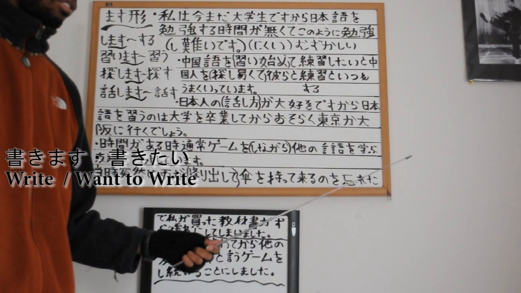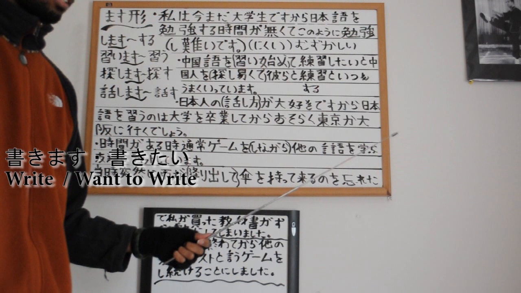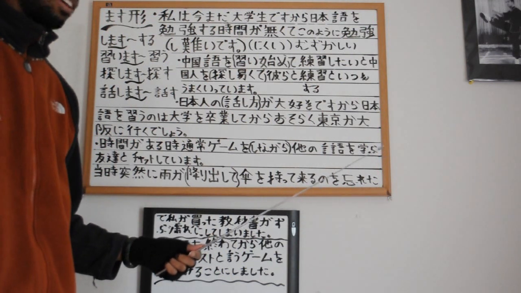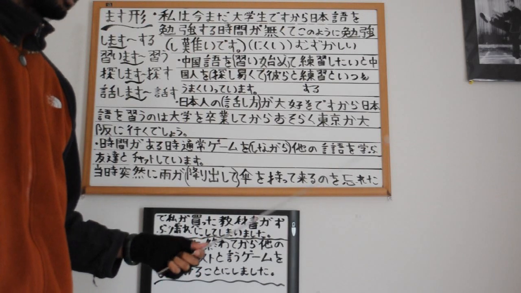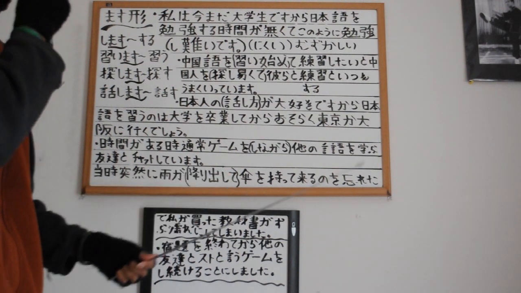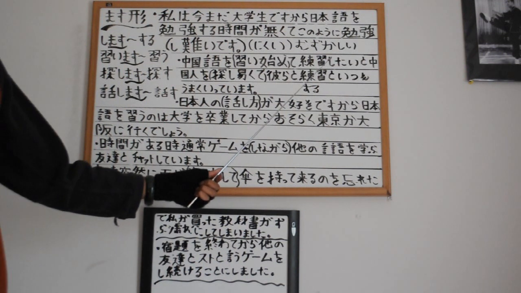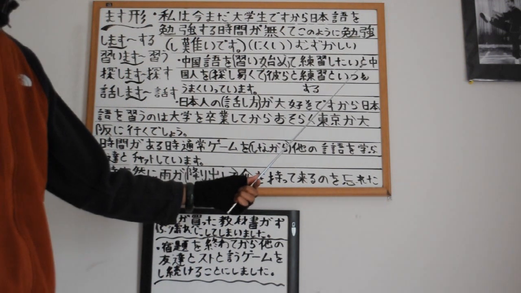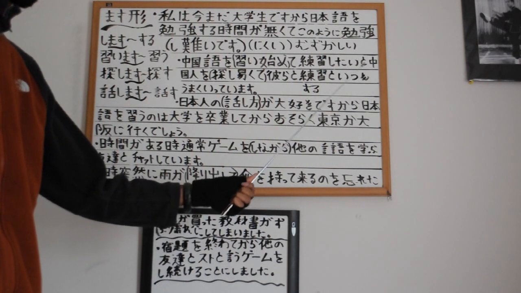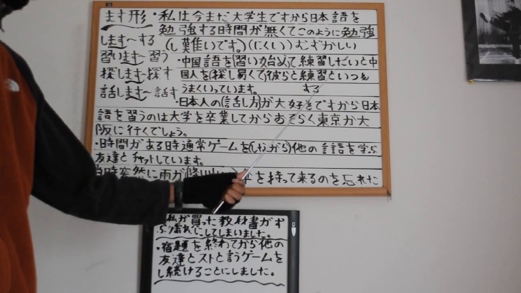What's another verb? Was that right? Oyogu, oyogimasu, oyogitai. Want to swim. So that's what you do. That's masuke. Alright? So tai, renshu shitai, to. Now to means whenever. To means whenever. Whenever I want to practice. To, whenever I want to practice.